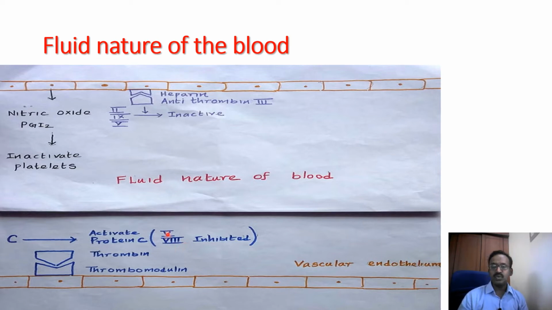This is also an important mechanism for maintaining the normal fluid nature of the blood. So these mechanisms help the blood to flow within the vascular system.